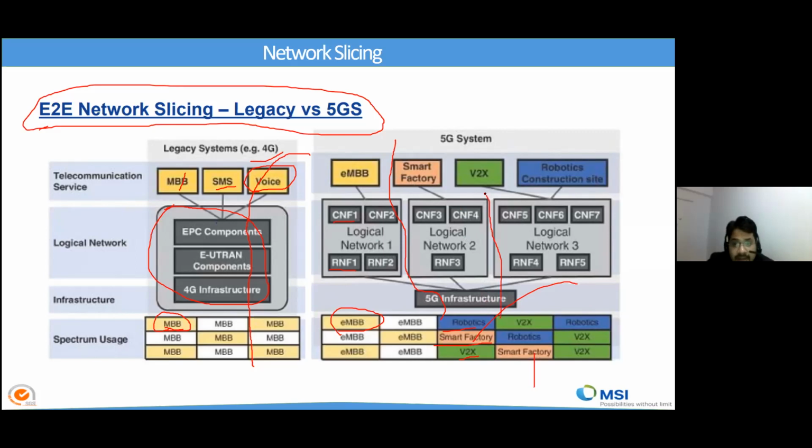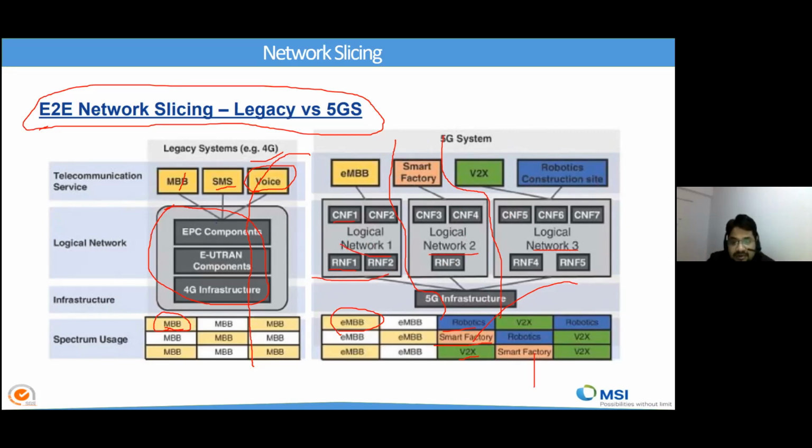Here a second slice is being provided for the smart factory, right? So in the smart factory there can be multiple smart sensors or smart robotics as well. So multiple things can happen on this logical network. The most important thing to note is that all these logical networks, logical network 1, logical network 2, and logical network 3, are based on a shared physical network, right?